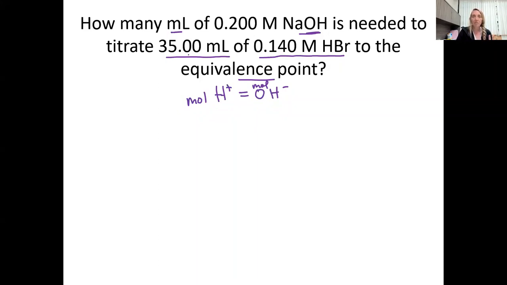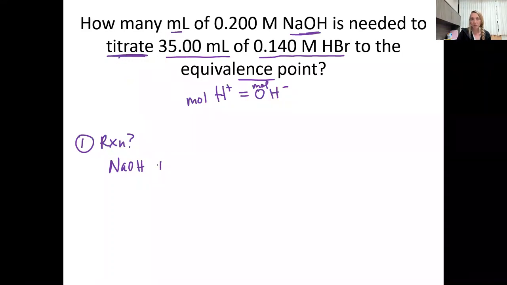Okay. Now, the very first thing when I'm doing these problems is I want to visualize my titration, so how it's set up, and I also want to write my balanced chemical equation, right? So what reaction is going on? I'm taking sodium hydroxide and I'm adding it to HBr.